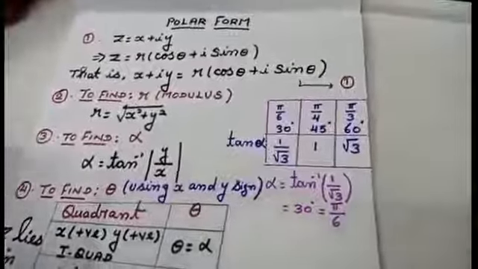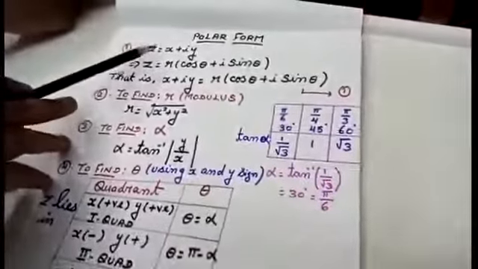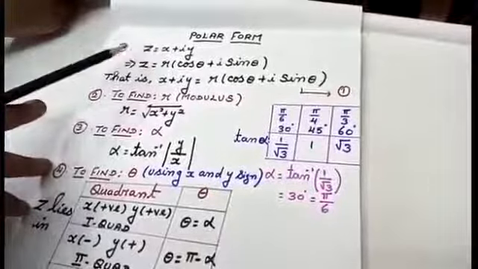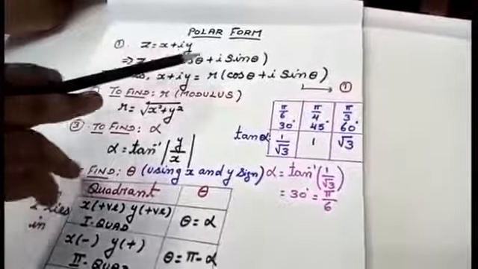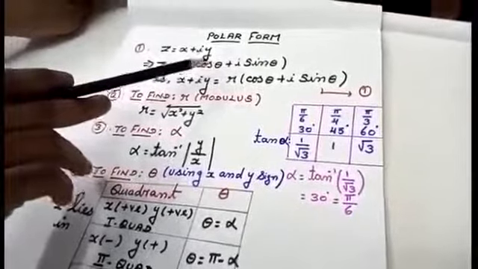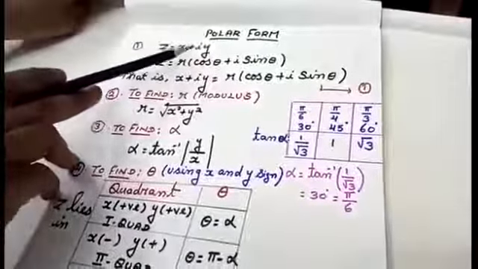First, what I am going to do is, I am going to take a question, that is Z equal to x plus iy. What is the meaning of polar form? Z equal to r cos theta plus i sin theta. And that is the definition given in your polar form. This is your question, students. Z equal to x plus iy.